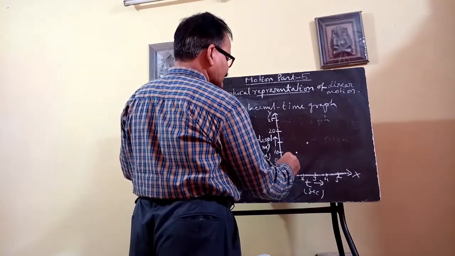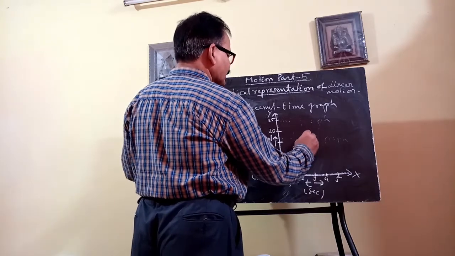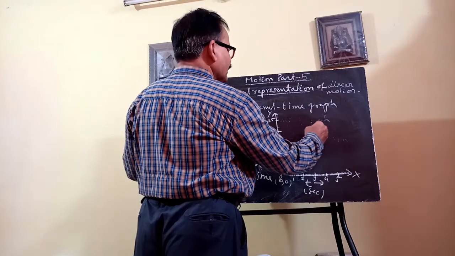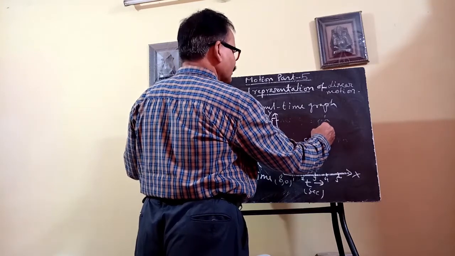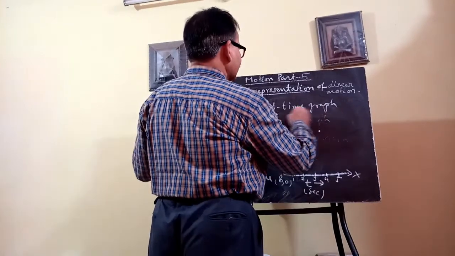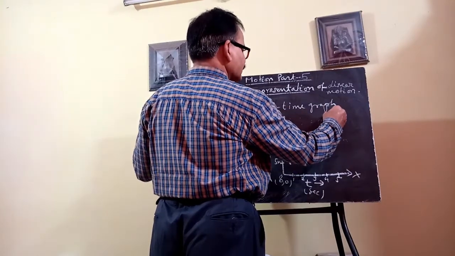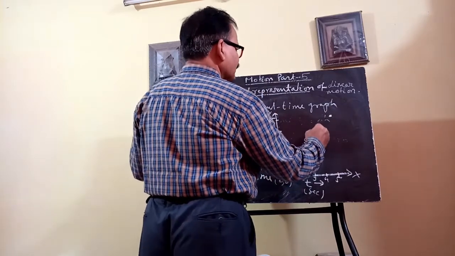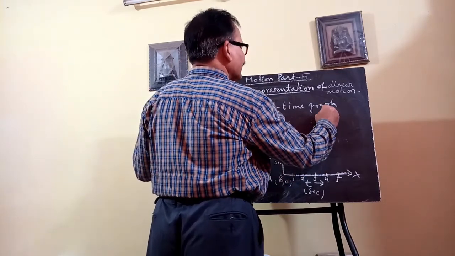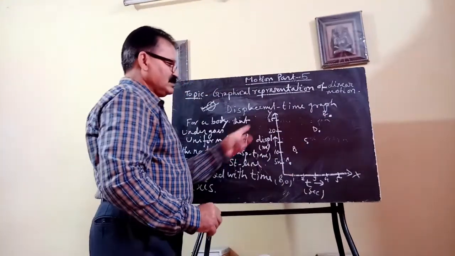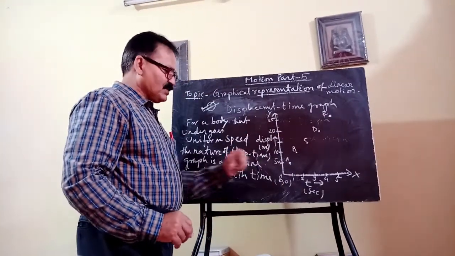This is point A, this is point B, this is point C. In the 4th second it will be 20 meter, and in the 5th second, these are A, B, C, D and E, the displacement is 25 meter from origin.